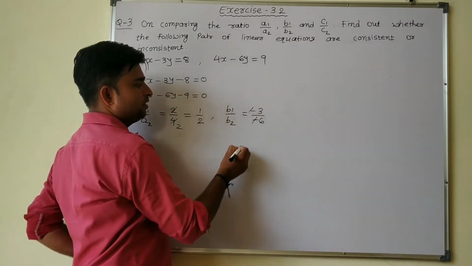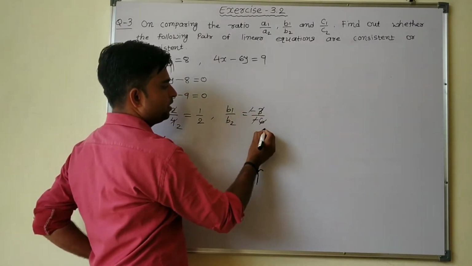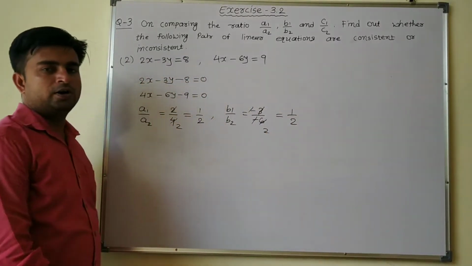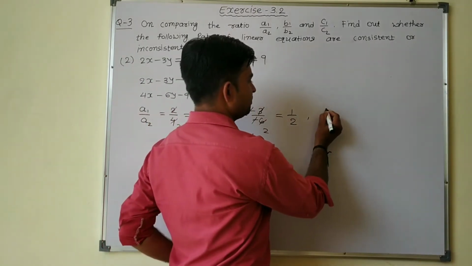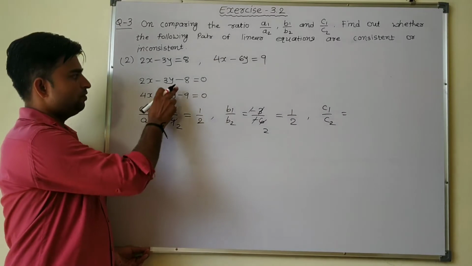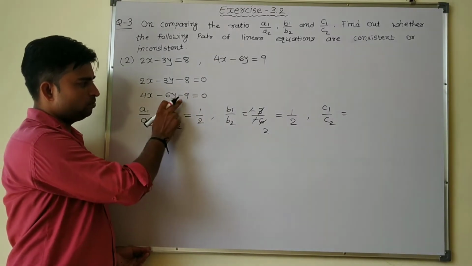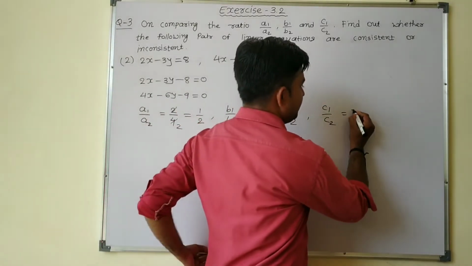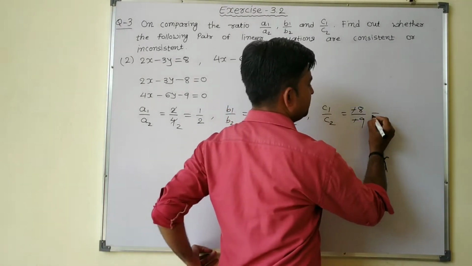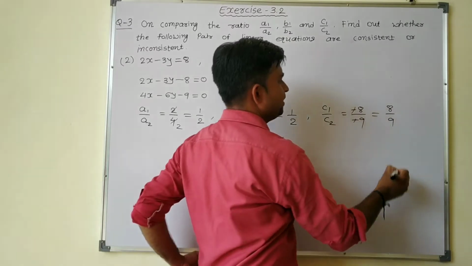The minus signs cancel and the factor is 3, so it also becomes 1 upon 2. Now the third ratio C1 upon C2. From here C1 is minus 8 and C2 is minus 9, so minus 8 upon minus 9. The minus signs cancel and it is 8 upon 9.